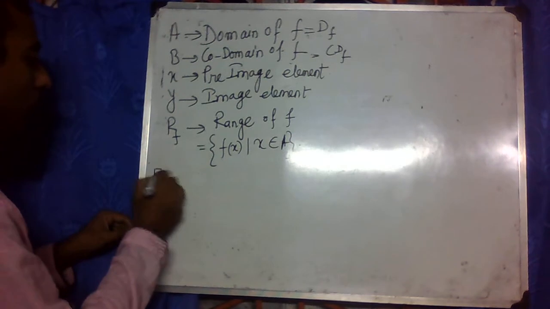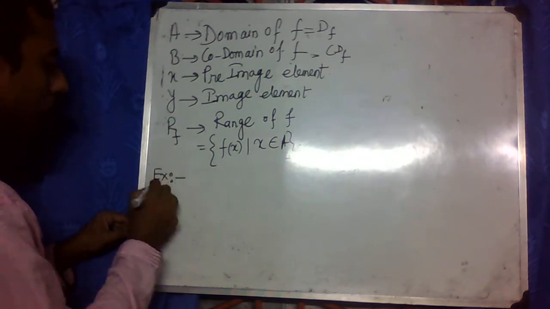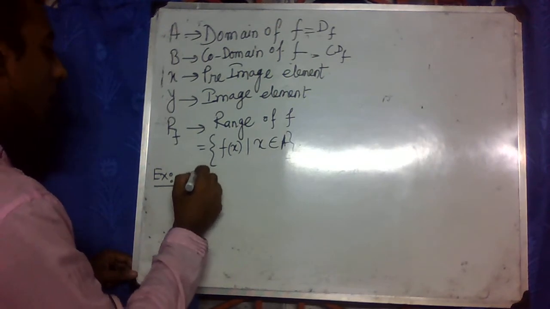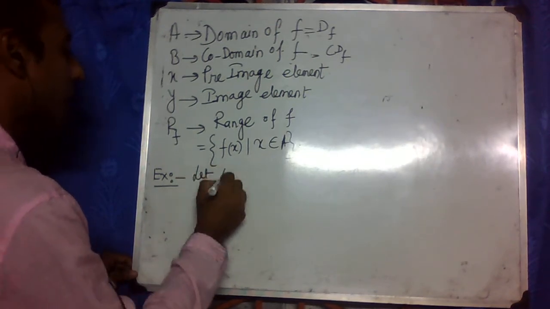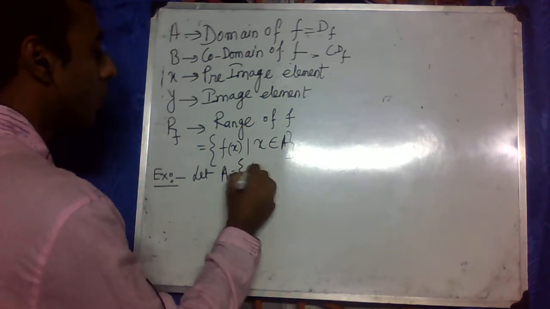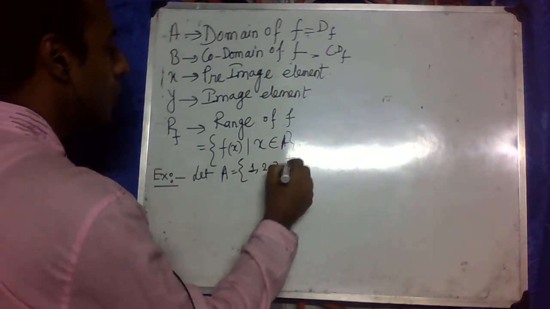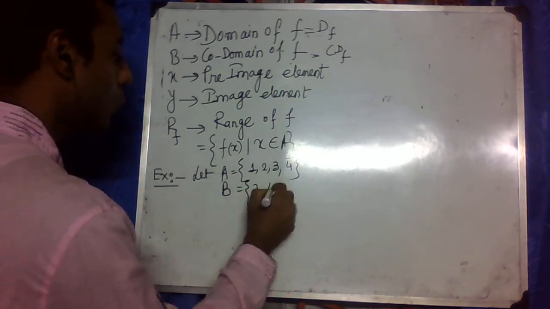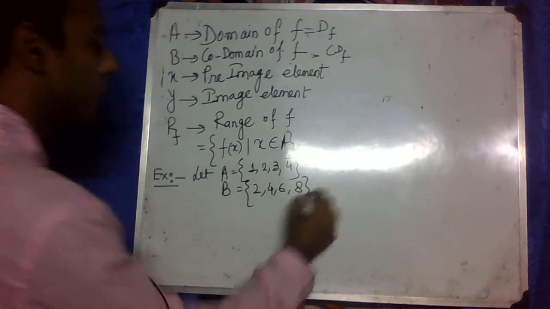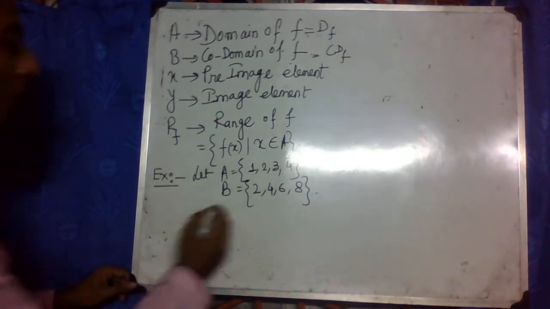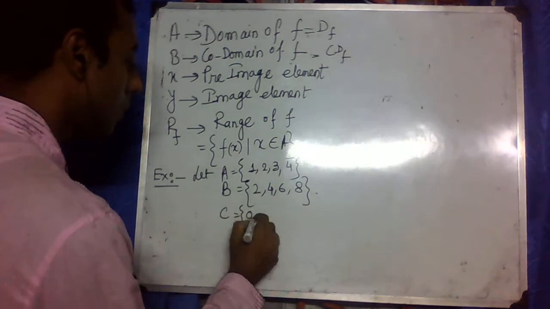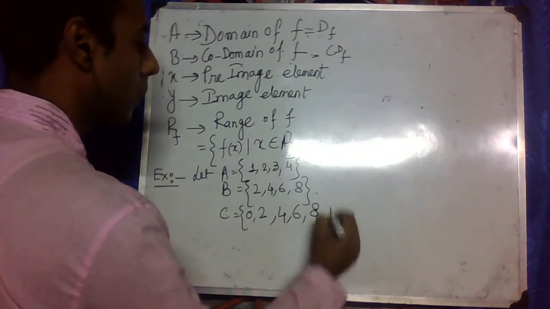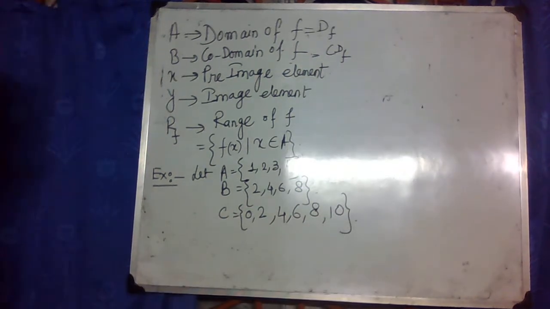Example. Let A equal to {1, 2, 3, 4}, B equal to {2, 4, 6, 8}, C equal to {0, 2, 4, 6, 8, 10}.